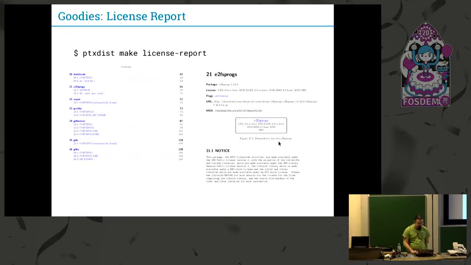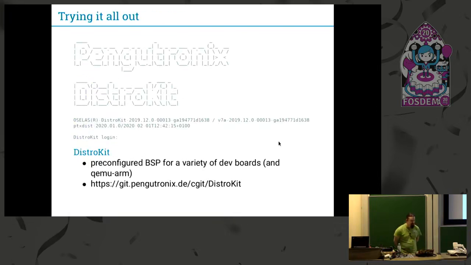If you want to try this out, you can have a look at DistroKit, which is a pre-configured BSP for a variety of dev boards like Nitrogen 6 or even the Raspberry Pi, some versions of it, not the 4 version, sadly. And you can also use it in QEMU if you want.